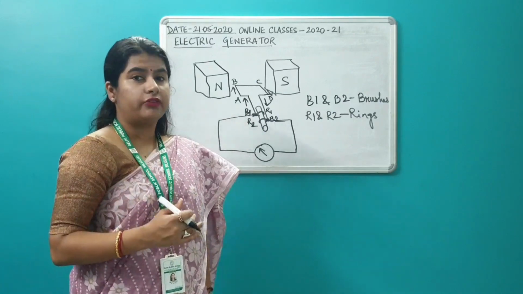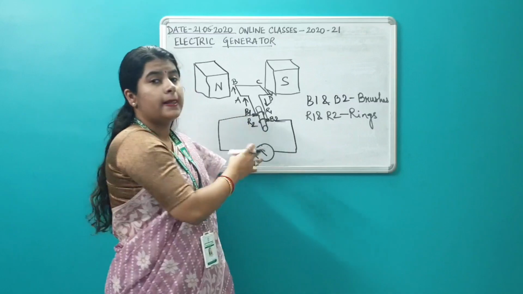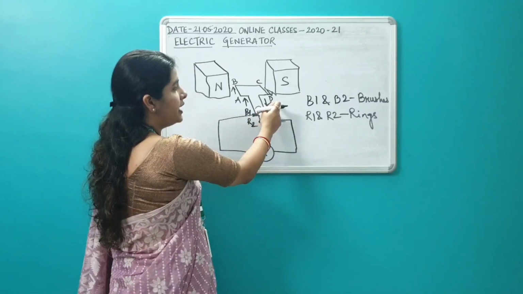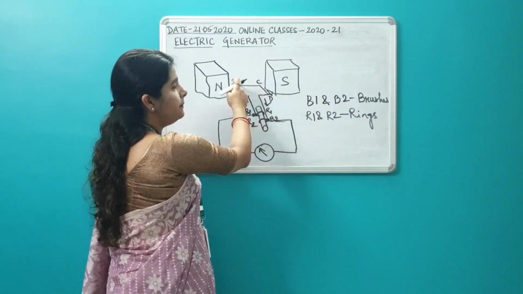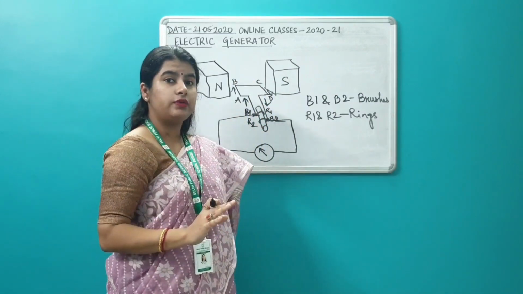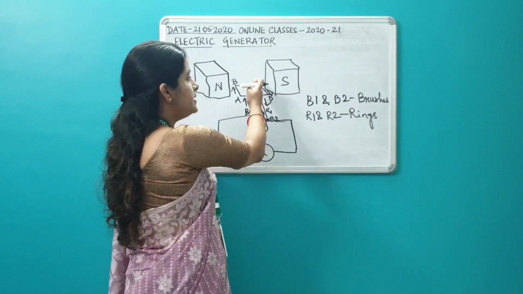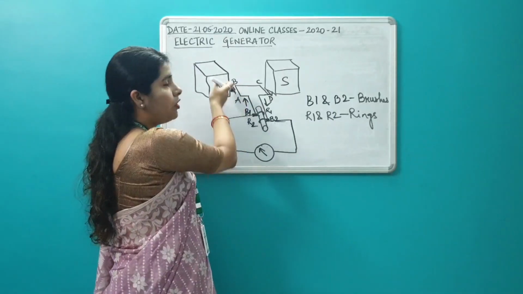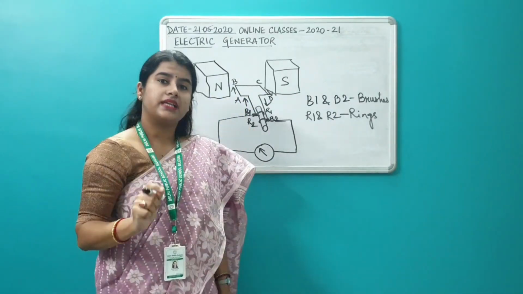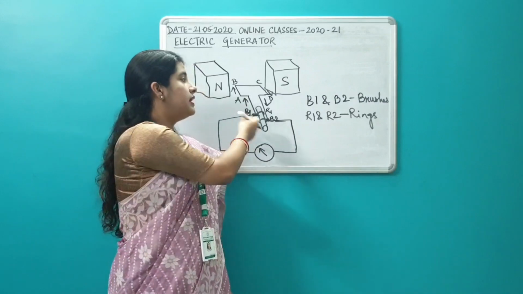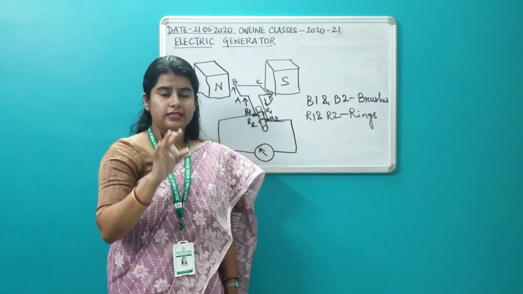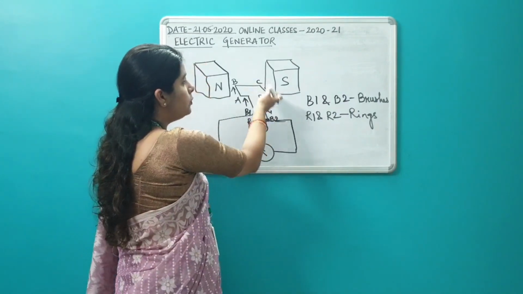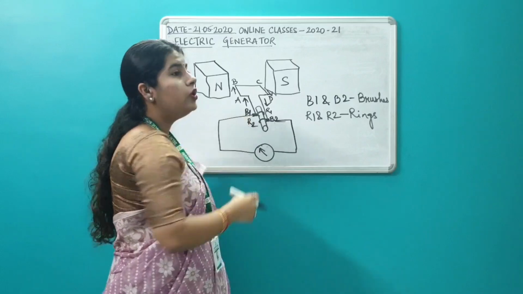This time current will flow from D, C, B, A. The arm CD will move up, and the arm AB will go down.